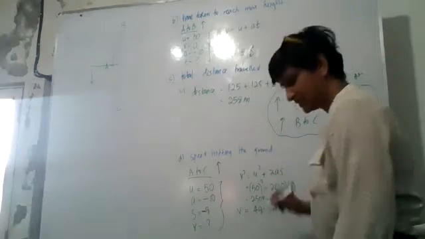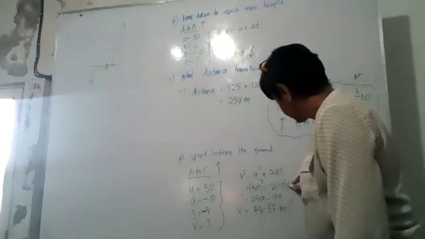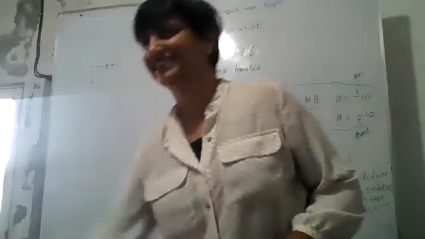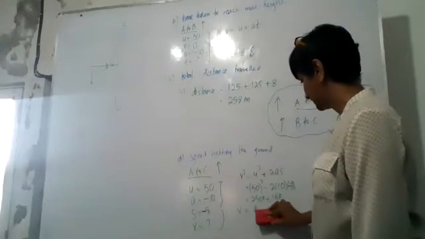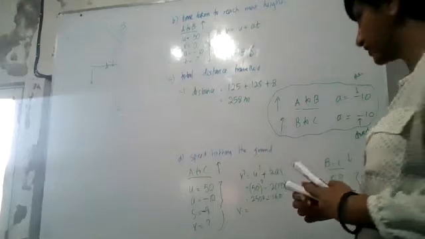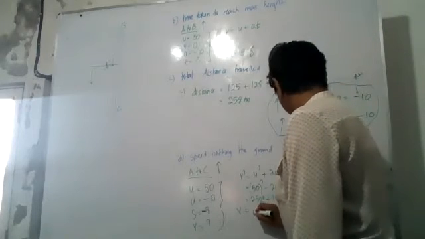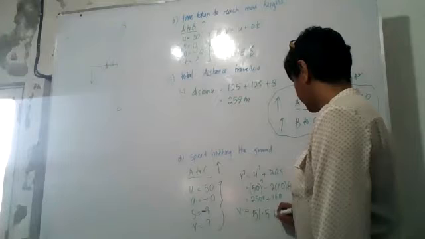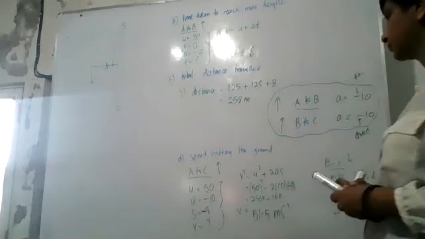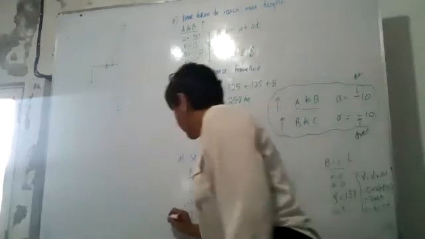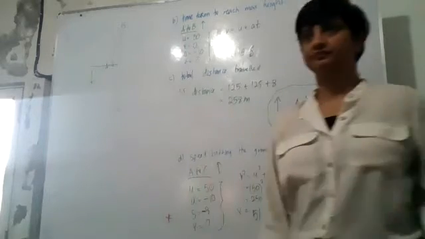So this becomes plus. Otherwise you can never get different answers like that. So it's 51.5. Now put a star there.